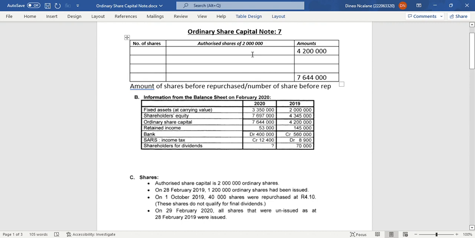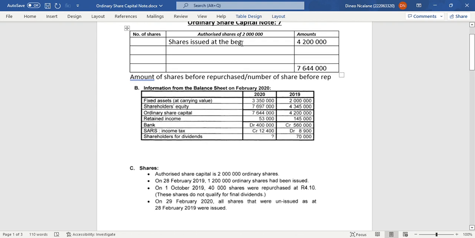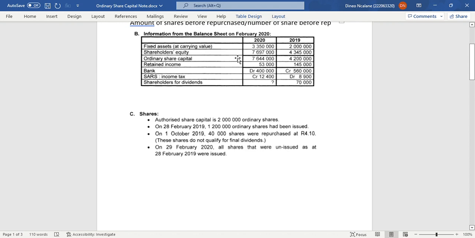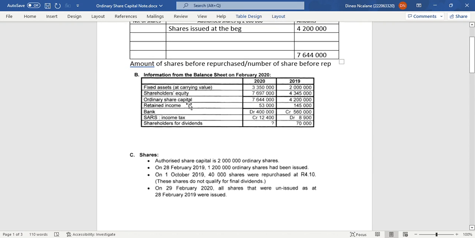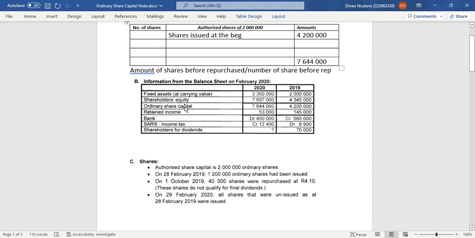So it's 7,654. Here you'll be having shares issued at the beginning of the current financial year. So let's go to adjustment number C, which talks of the shares issued and bought back from the public.